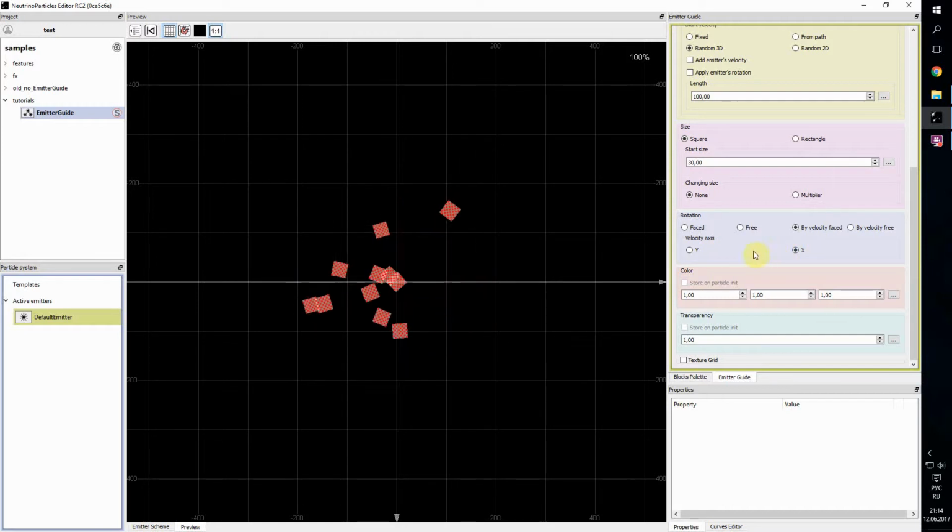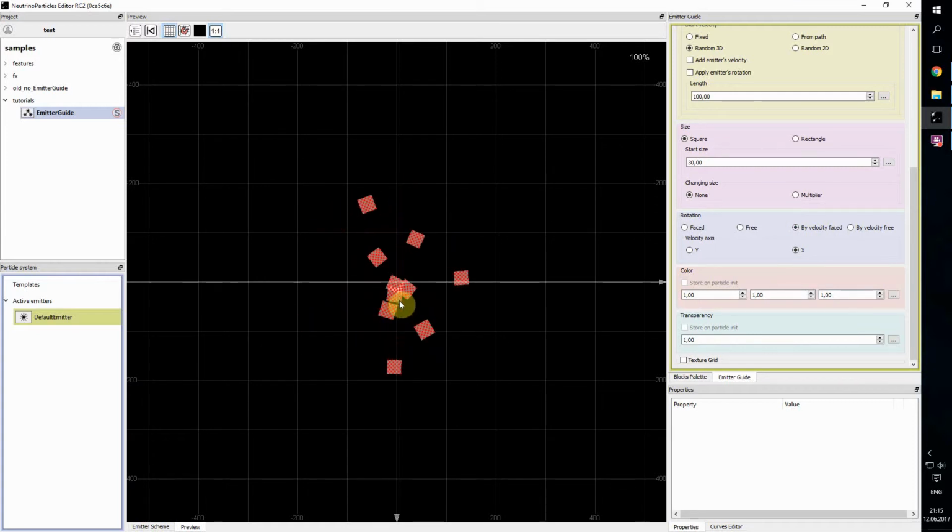By default, this side is the right side, x-axis, and you can rotate them with the top side to the speed direction, so you need to change to the y-axis. Because the velocity vector is actually a three-dimensional vector, and in this mode particles always look to the camera like billboards.